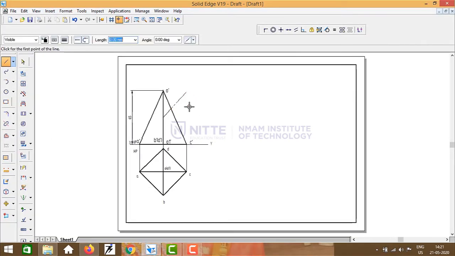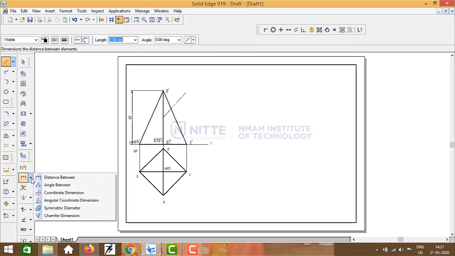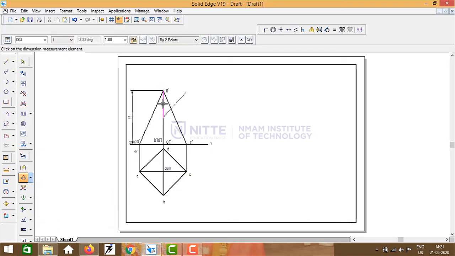Randomly you draw it, then give the angle of 45 degree between the axis and the section plane, and the distance between this line and the end of the line should be 32.5. Okay, it's already created 32.5.